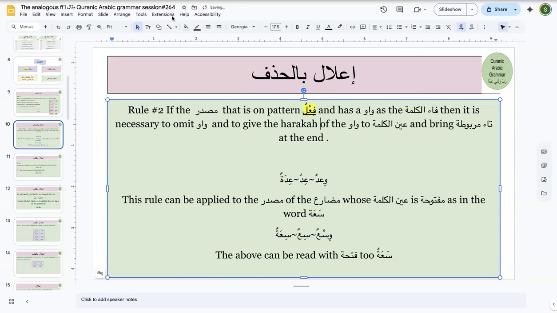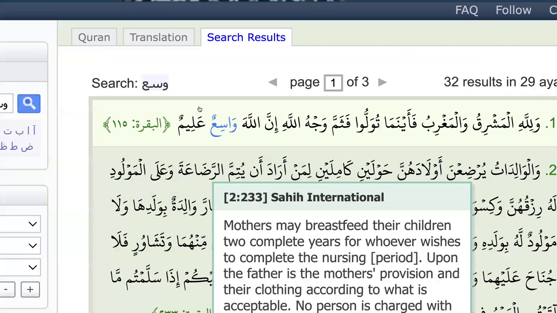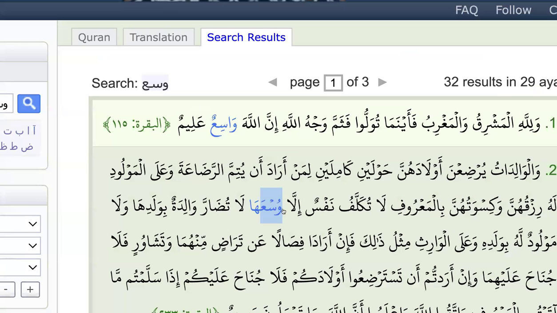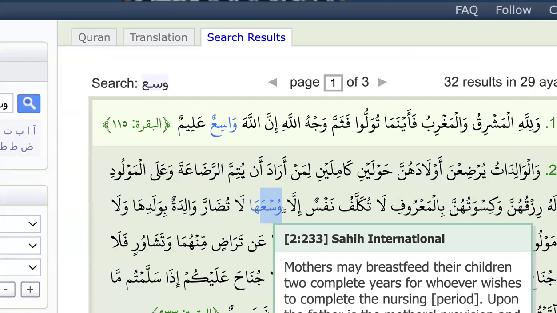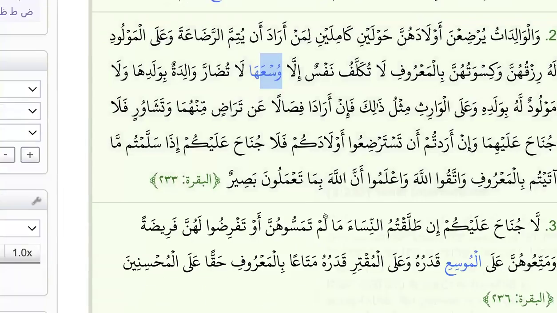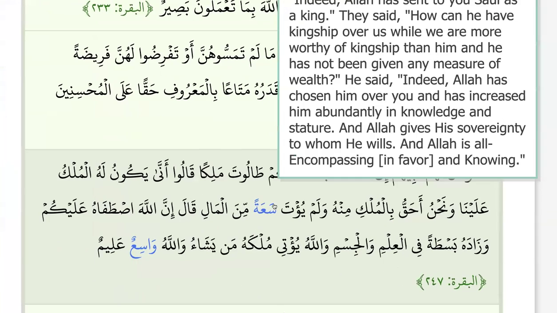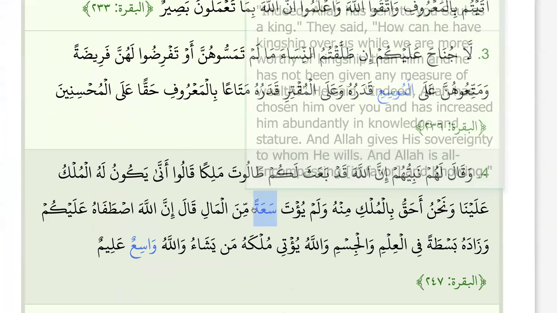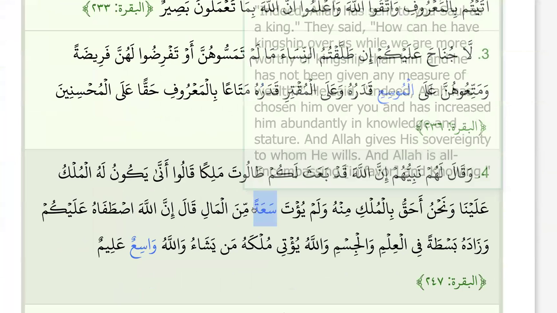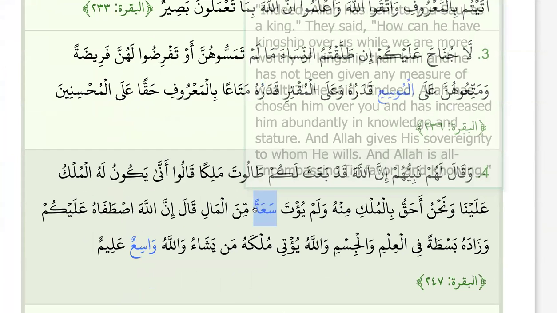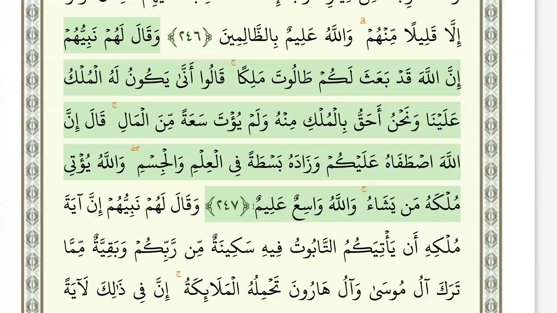So in your test, if you are asked why the waw is not omitted, the answer is, because my masdar is not on fi'lun pattern, right? I hope this is clear to all of you, alhamdulillah. So if I ask you on the test, why is ainul kalima maftuha? Why is sa'atan with a fatha?